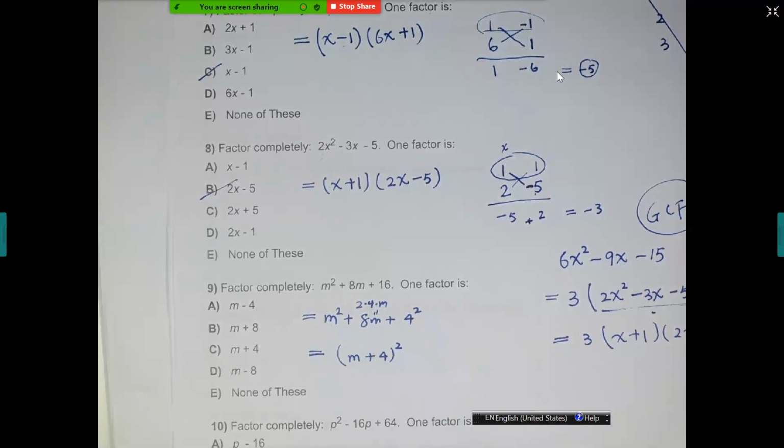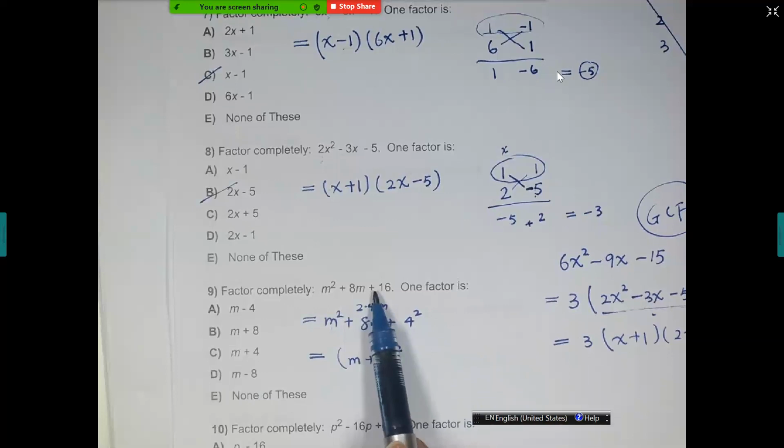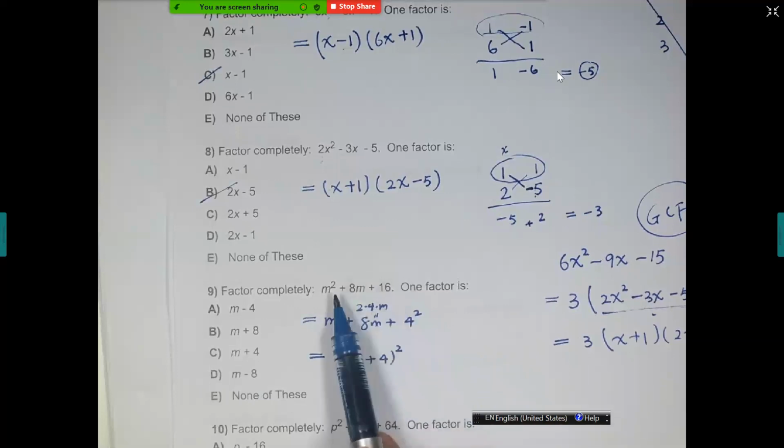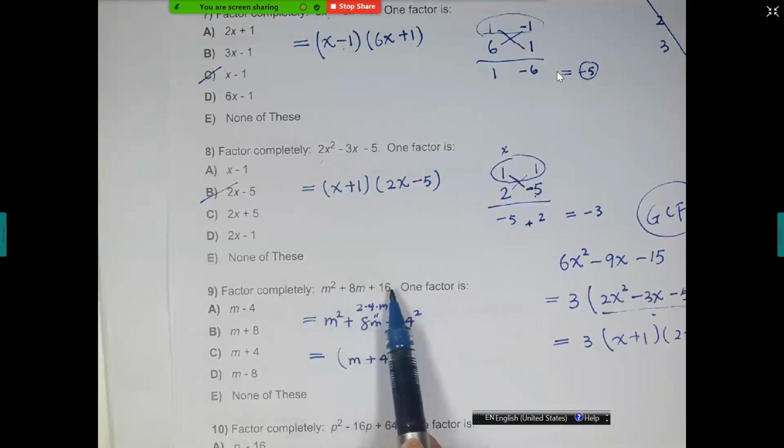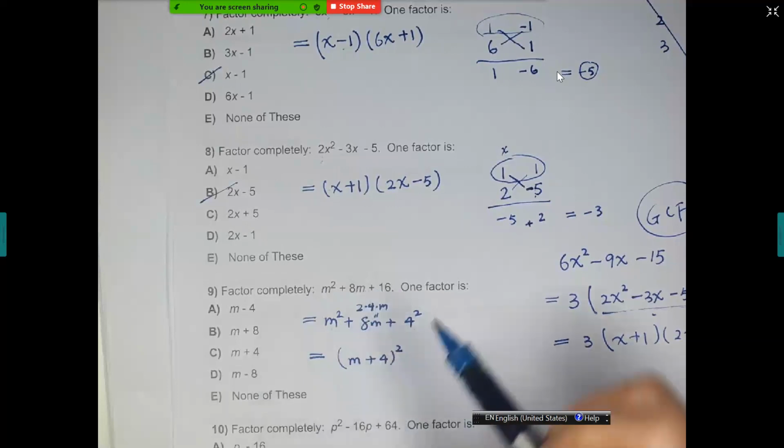And if you cannot memorize this special case, you can always treat this as a regular trinomial. A regular trinomial, leading coefficient is what? Is 1. And then I need to look for 2 numbers. Product is 16, sum is 8. What are the 2 numbers? 4 and 4.